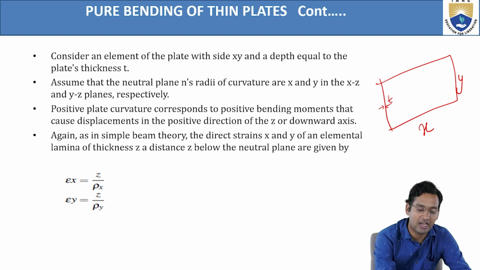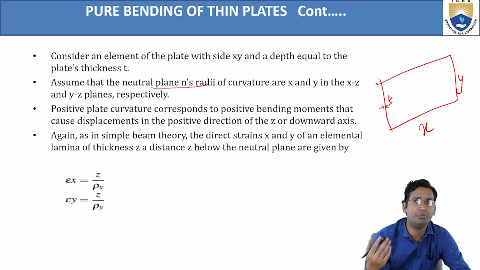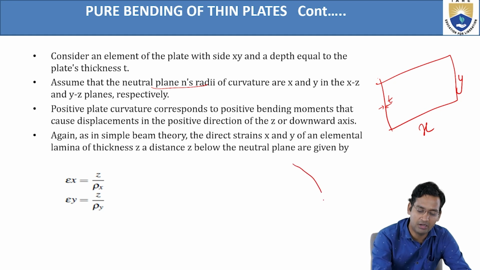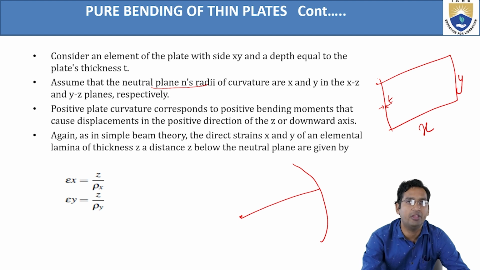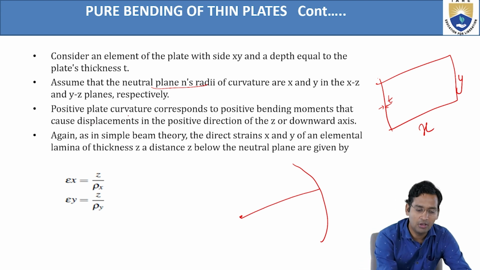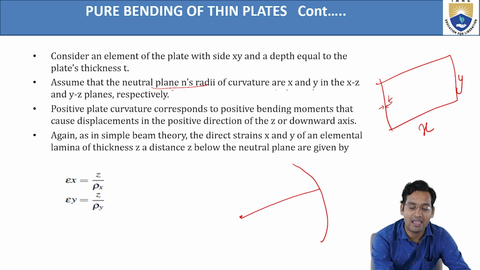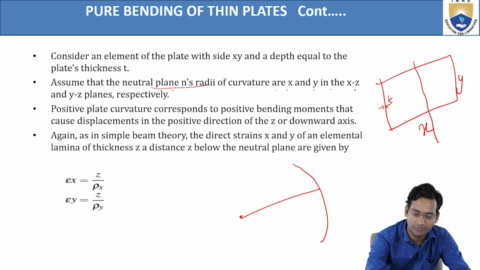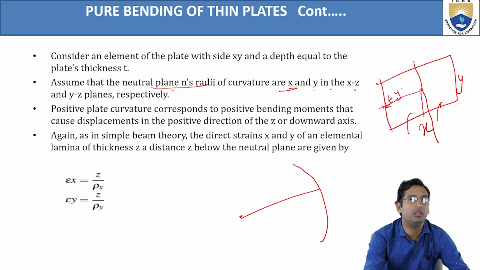Depending upon where it's getting curved, there the radii will form. Like suppose this plate will bend like this, so here the radius of curvature will be there. Once this bends, that curvature radius will be rx, and when it bends in this one, the curvature radius will be ry.